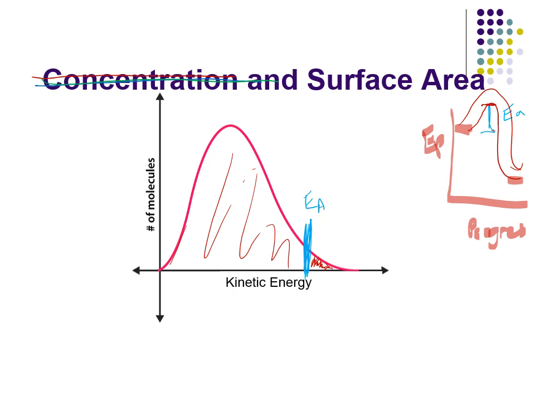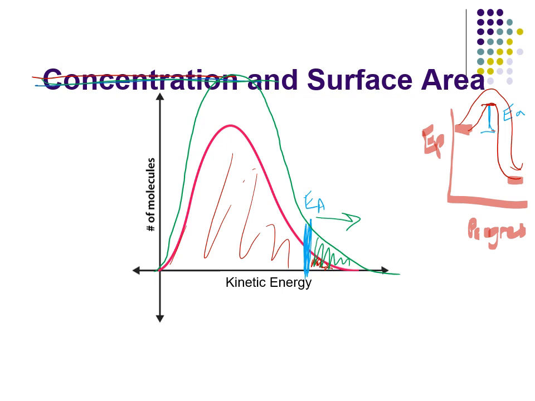If this is representing the energy of the sample, if we had a larger sample, so if I drew a larger sample, it's essentially the same curve, just it has a greater area underneath this because the area under the curve is essentially the amount of particles you're dealing with. So if I had a greater amount of particles, what I can see is right now there's more particles that have more energy than is required to do the reaction.